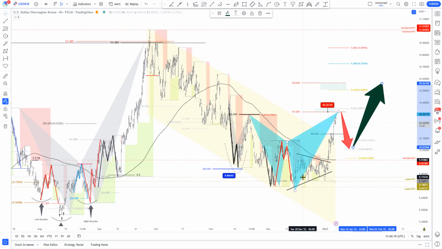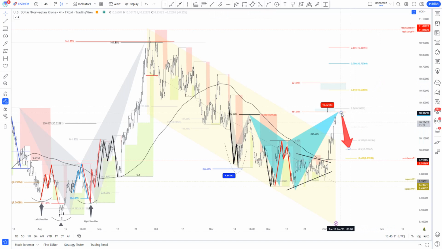Because if there's an ascending channel, a parallel structure or an ascending wedge, whatever the price prints during this process may impact the pressure this Fibonacci level may exert on price.